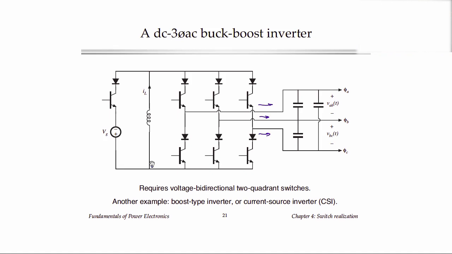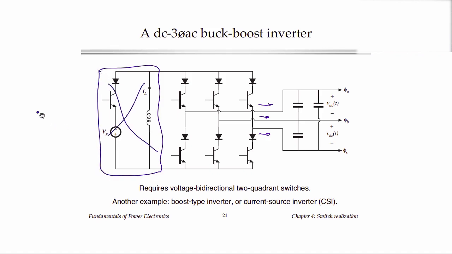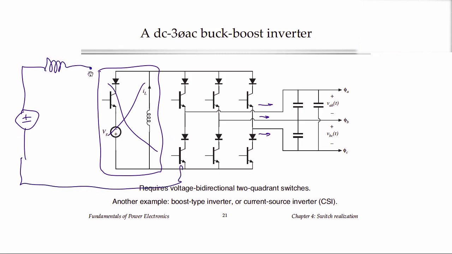A perhaps more well-known converter that is similar to this one is called the current source inverter, and we can view that one as being derived from the boost converter. So basically, instead of this part of the circuit, we replace it simply with a DC source and an inductor, and connect it here.